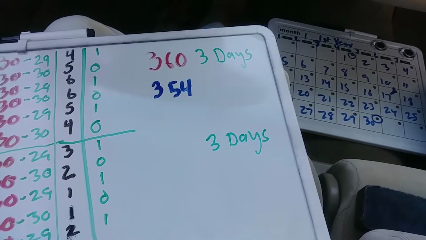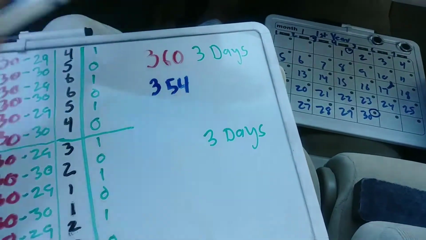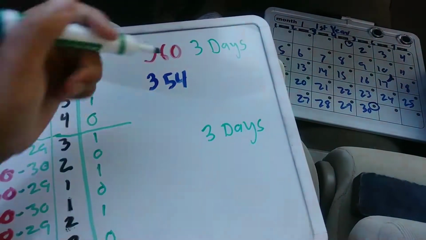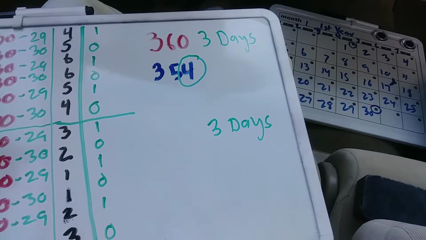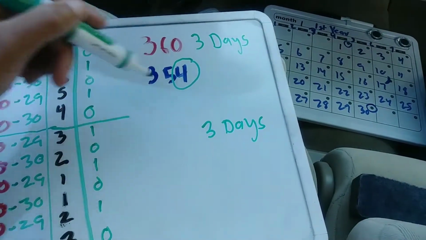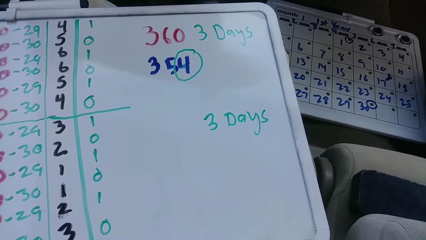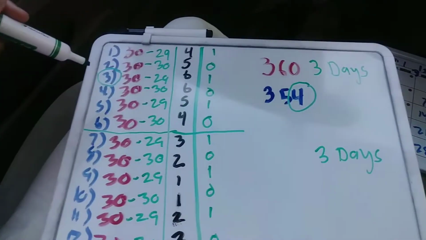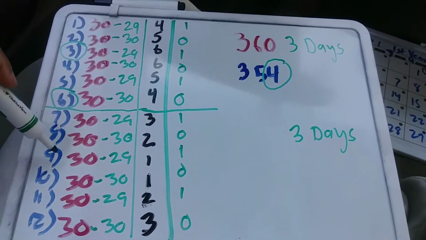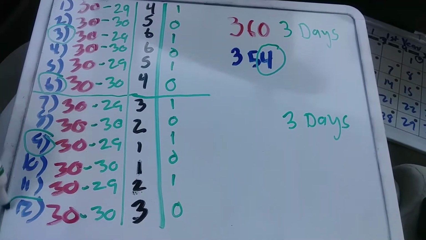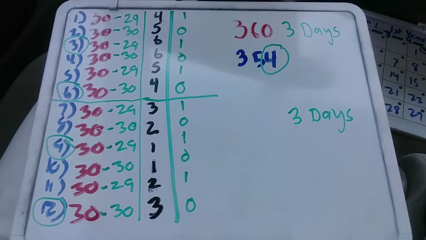But now this 4 days right here, it's important that we understand that this 4 only comes from the 4 seasonal days, found at the 3rd, 6th, 9th, and 12th months.